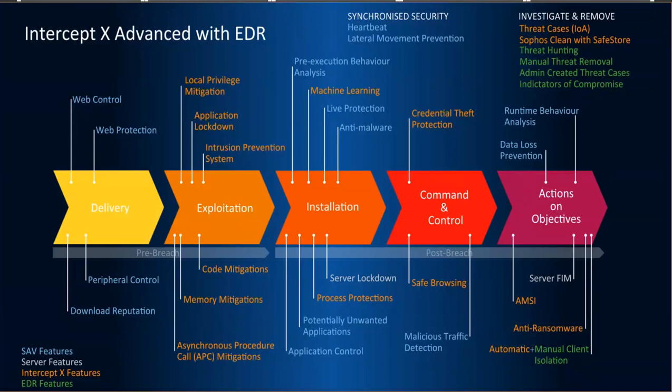The cyber kill chain has 7 stages: scanning, weaponization, delivery, exploitation, installation, command and control, and then action on objective. The solution you have should be able to support and block at every layer.